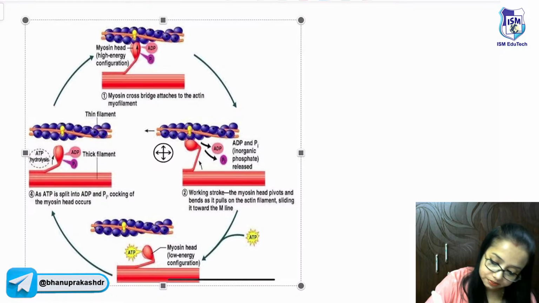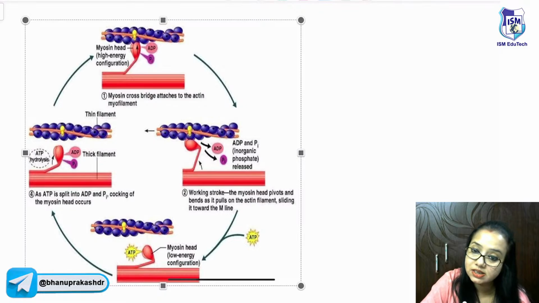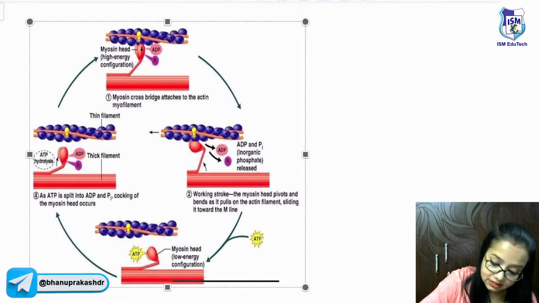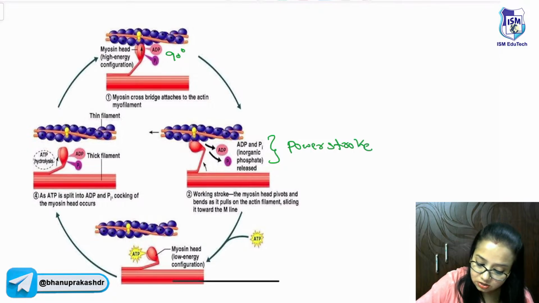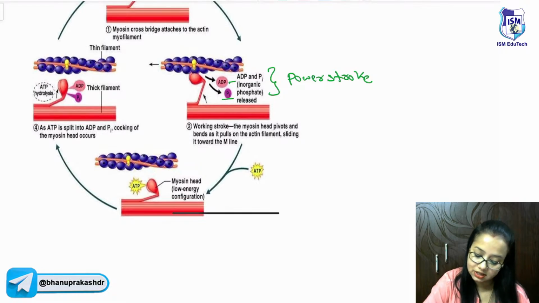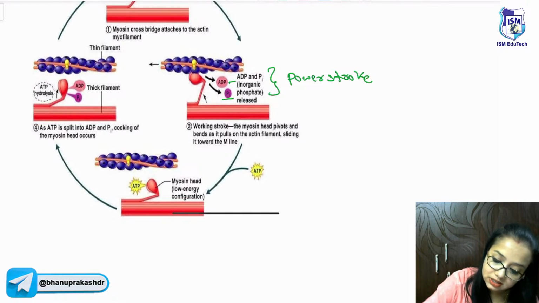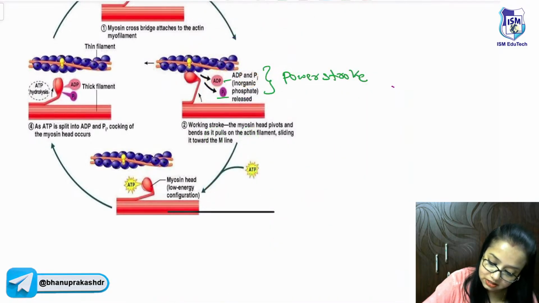Here we can see an energized myosin head that has bound at 90 degrees, and after that this is the power stroke and the release of the ADP and IP. This is a stroke which causes a contraction. Now this is the most rigid part. In this part there is nothing that can dissociate it. It is the rigid complex.